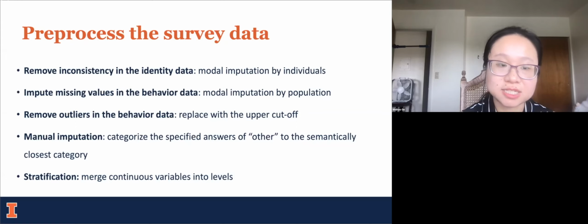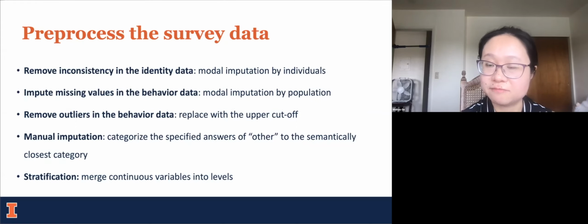And for the housing type, there are a lot of people who did not answer and chose the other. So we looked at the specific answers of the other, and found out that actually they could be manually categorized into the existing housing types. So we did this manual imputation.